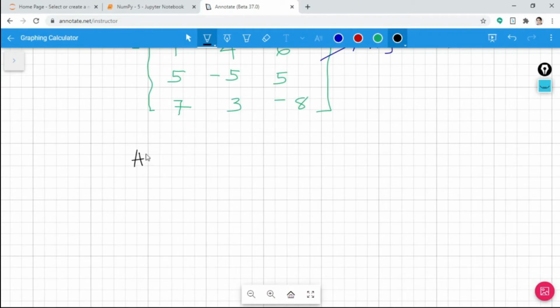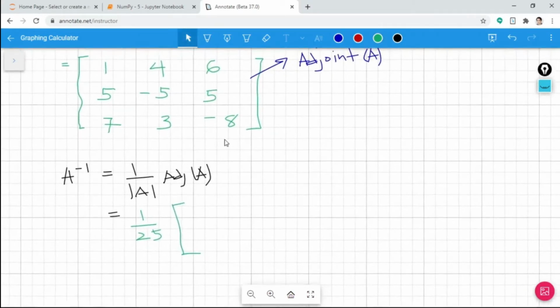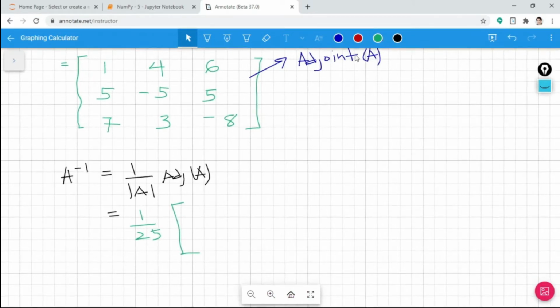To find the inverse, we have 1 over the determinant of A, multiplied by the adjoint of A. So we have here 1 over 25, since the value of our determinant is 25, and we multiply by this adjoint matrix: 1, 4, 6, then 5, negative 5, 5, then 7, 3, and negative 8.